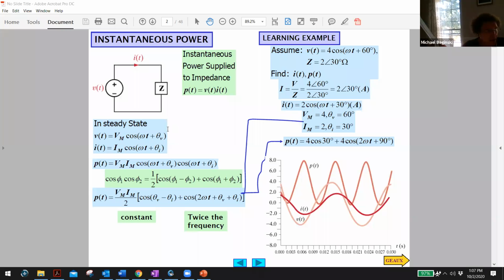Now, look here. If we assume steady state analysis, and when you see the word steady state, I want you to follow me here because you're going to get real confused if you read a lot of stuff on the internet or even in your book if you don't listen here. Steady state does not mean it is DC. You all hear me? Steady state means at a constant frequency where the actual operational frequency doesn't change.